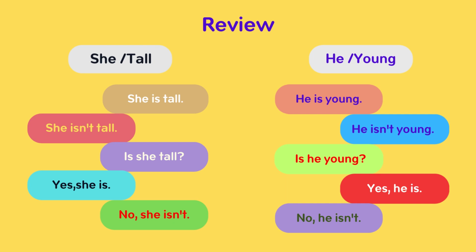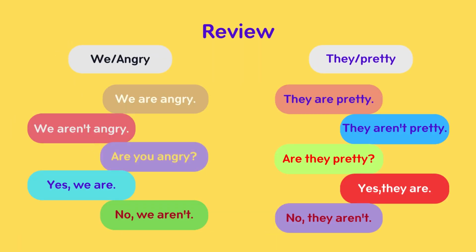We can do the same with the words he and young. He is young. He isn't young. Is he young? Yes, he is. No, he isn't. Now, let's see with the words we and angry. So, we are angry.